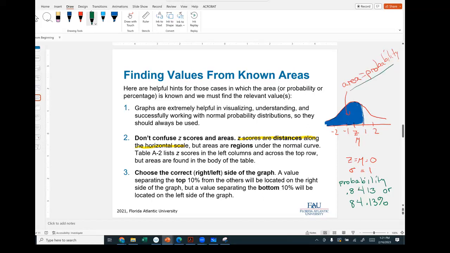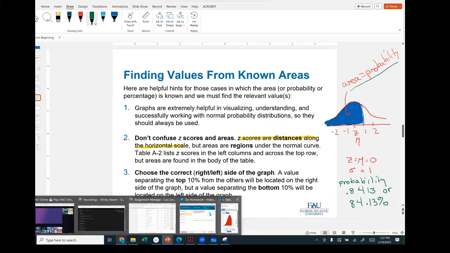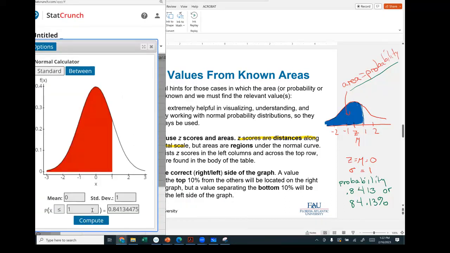Now, I didn't apply it to anything, but I want you to see the difference. This is the probability, the area under the curve. And on StatCrunch, the probability goes in here. This is the probability. This is my z-score.